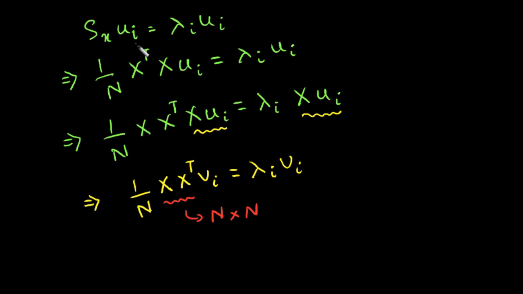So now the problem we had with this equation was that this is a D cross D matrix, and because our D is very large, computing this would require order of D cube number of computations. But now this is an N cross N matrix, so solving this would require only capital N cube number of computations. And because for this particular problem our capital N is much smaller than capital D, this helps us in reducing our computational cost by a very large extent.